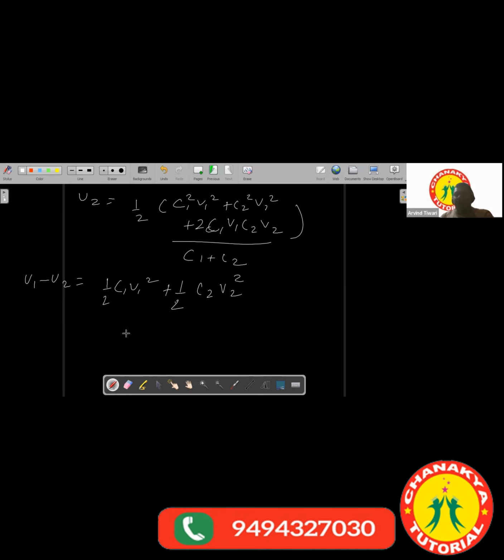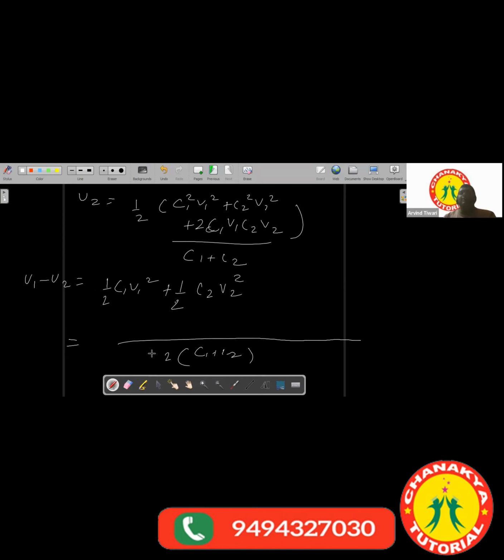From this you need to subtract the final energy. So take the LCM, solve it out, and see what answer you are getting. In the denominator you'll get C1 plus C2, and you will get 2 also.